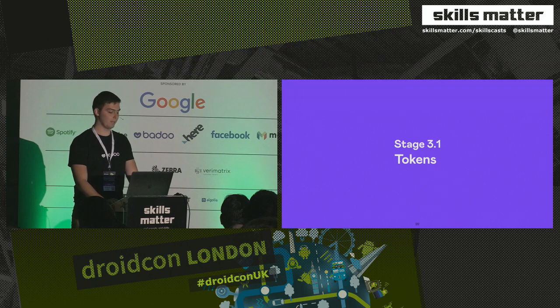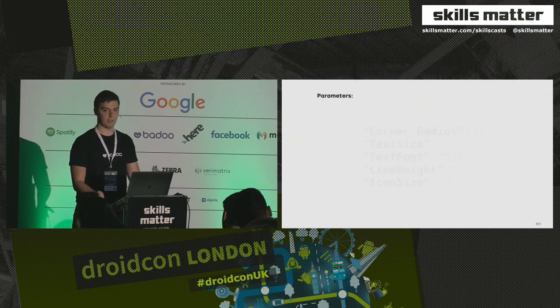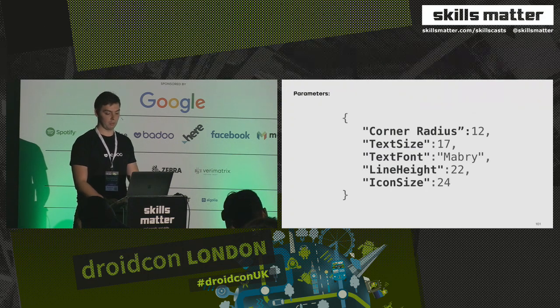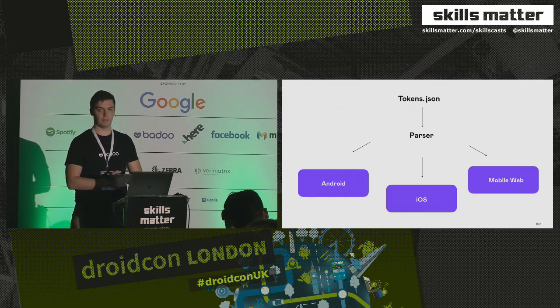And in design systems, they have tokens. It's like a UI config. So if we return back to the example with the button, we can just have all these key values in a JSON file. Why not? And parse this JSON file to receive it in a format specific for each platform.